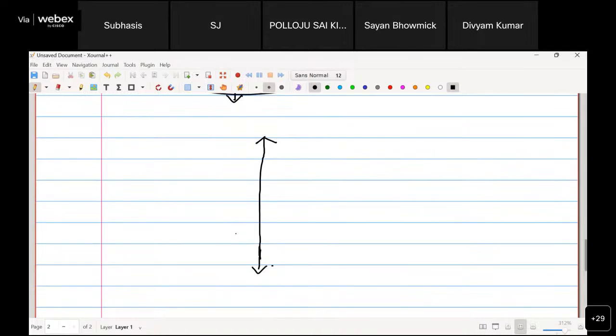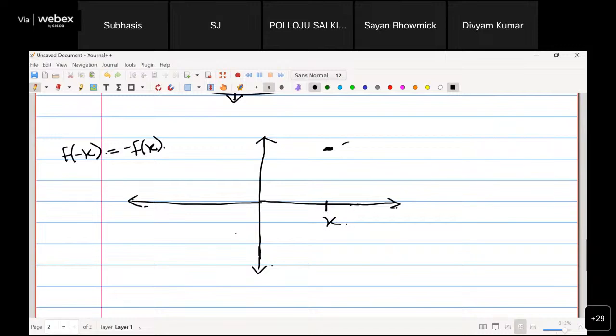First, tell me what an odd function is. An odd function satisfies f of minus x equals minus f of x. So in some sense, what it's saying is this: this is your x, and this height is basically your f of x.